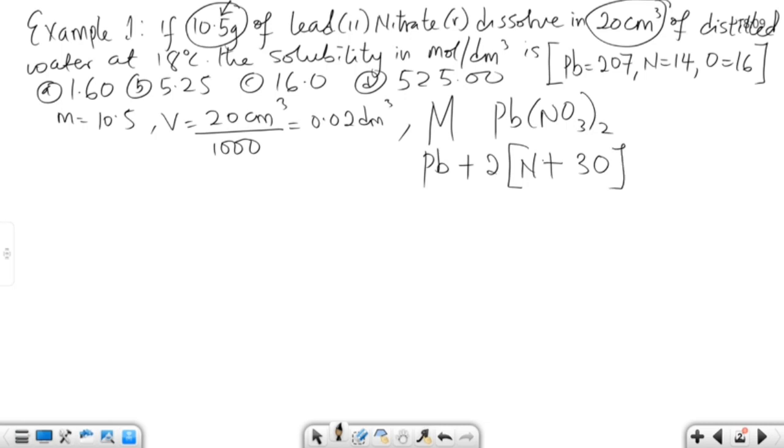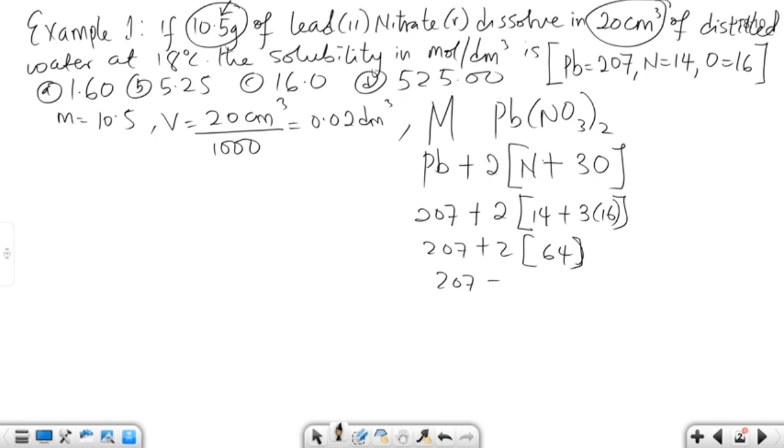The mass of lead is 207, plus 2 in bracket, nitrogen is 14, and we have 3 oxygen, 16. Everything in the bracket gives you 64. So we have 207 plus 124, which gives you 331.